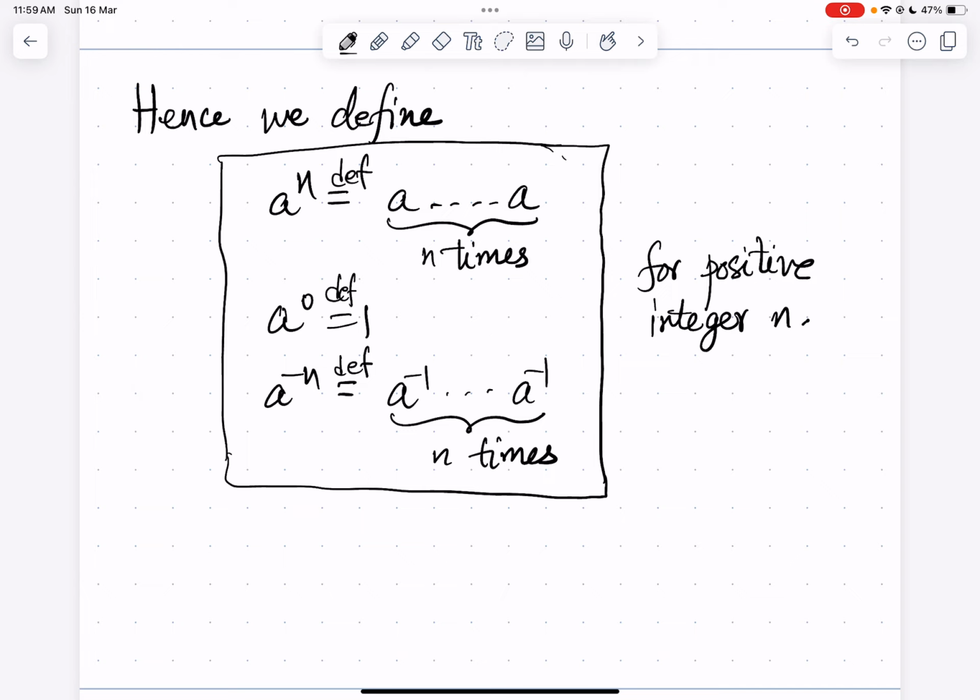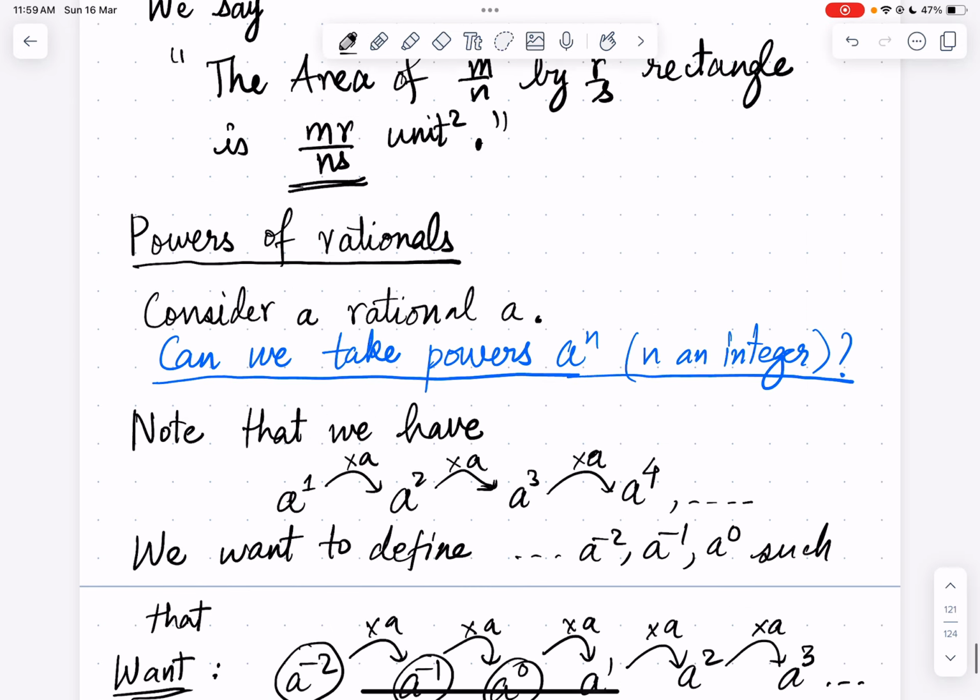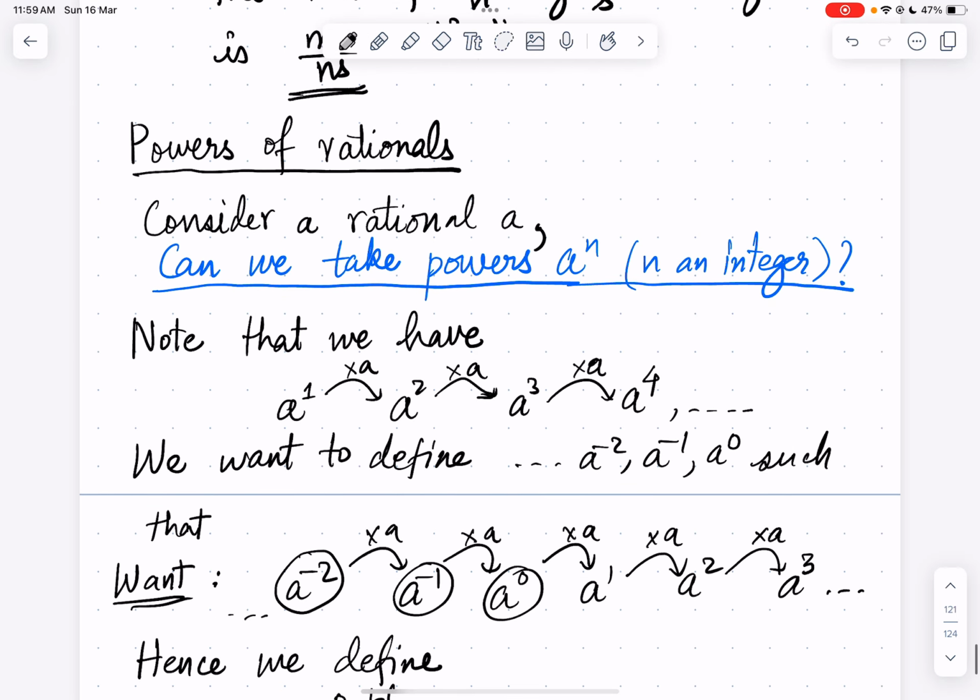So we have defined powers of non-zero rationals. Consider rational a. Here we need to take a not equal to 0. This is a crucial thing I missed, otherwise the multiplicative inverse won't exist.